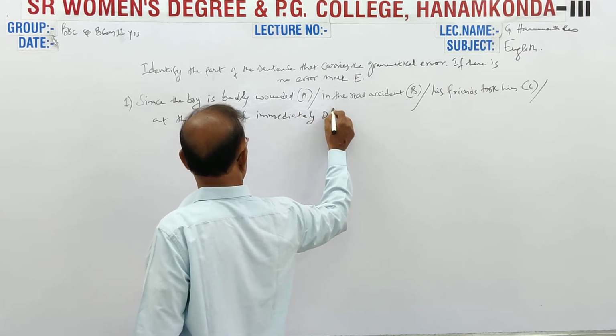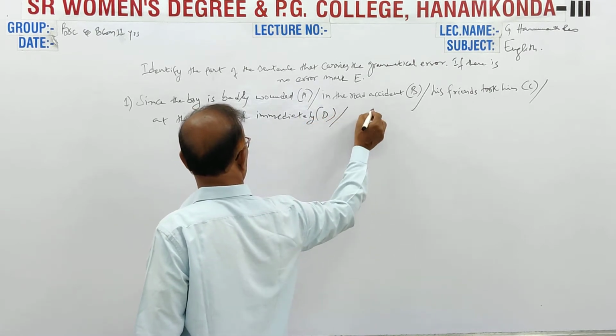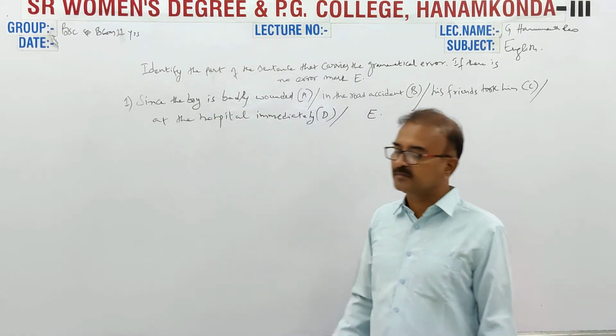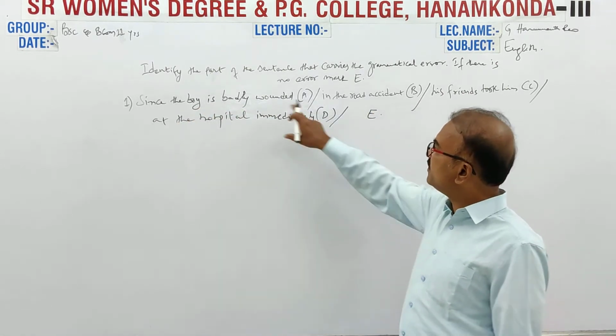This is part D, and after that it can be only E. Now this is the sentence, so check this one.